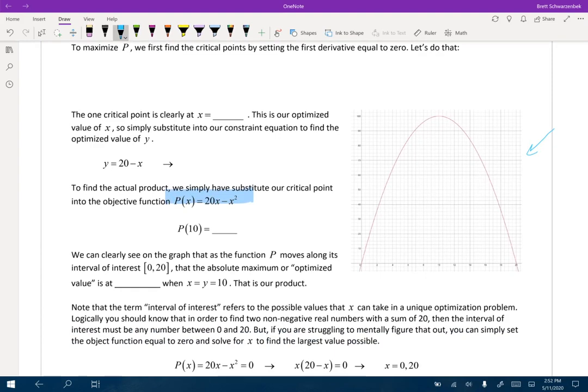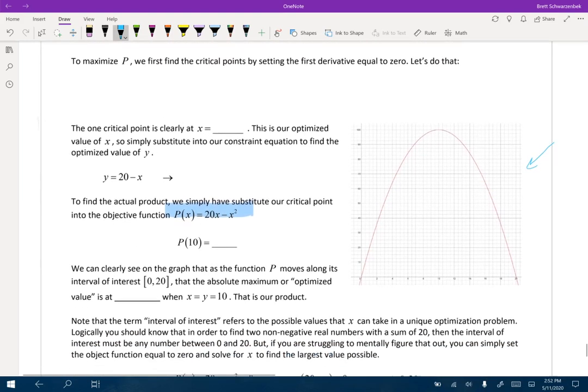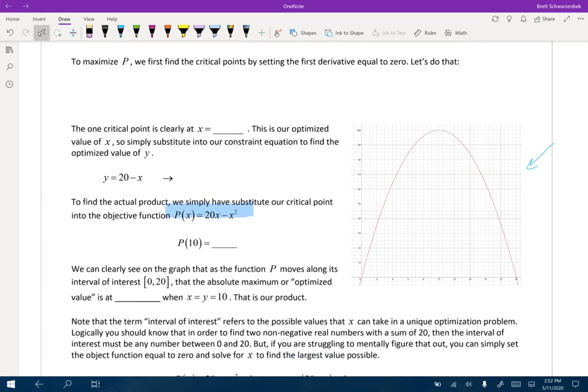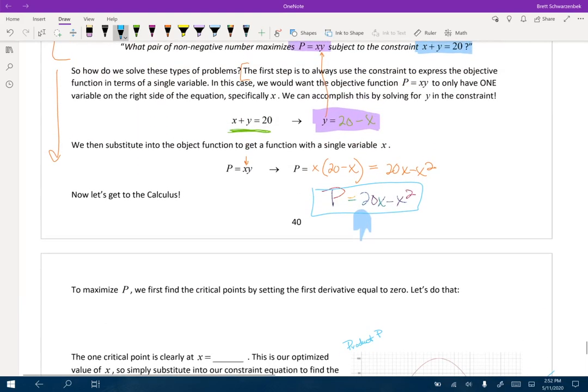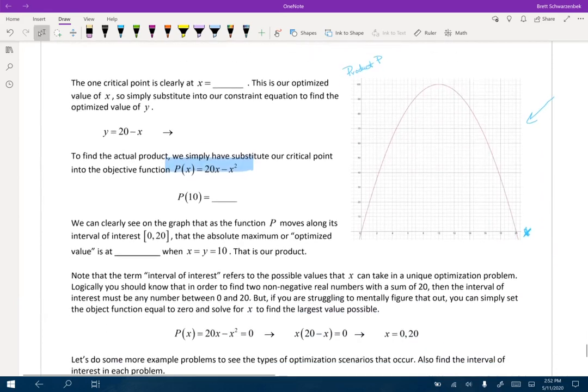So what do we need to do in order to maximize, find the numbers that will create the greatest product? Well, just note, basically this is the product right now, which is p. Down here, this is basically going to be our value of x, which in our problem is going to be our first number.